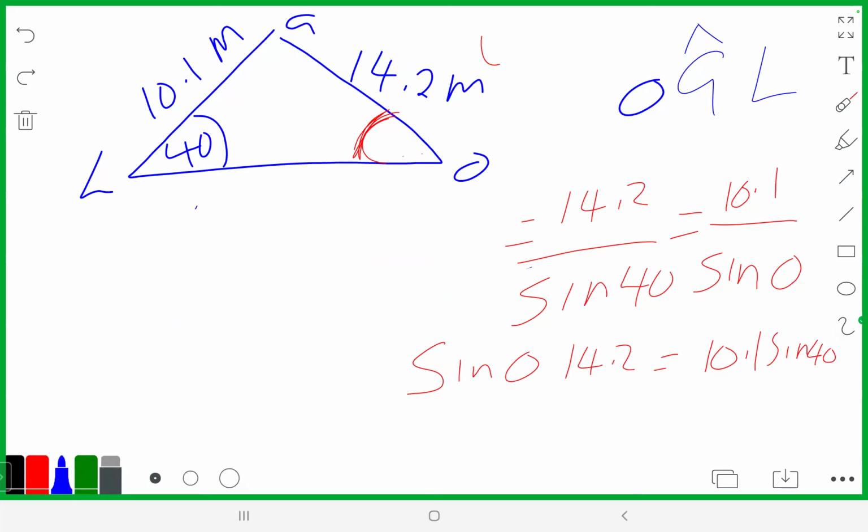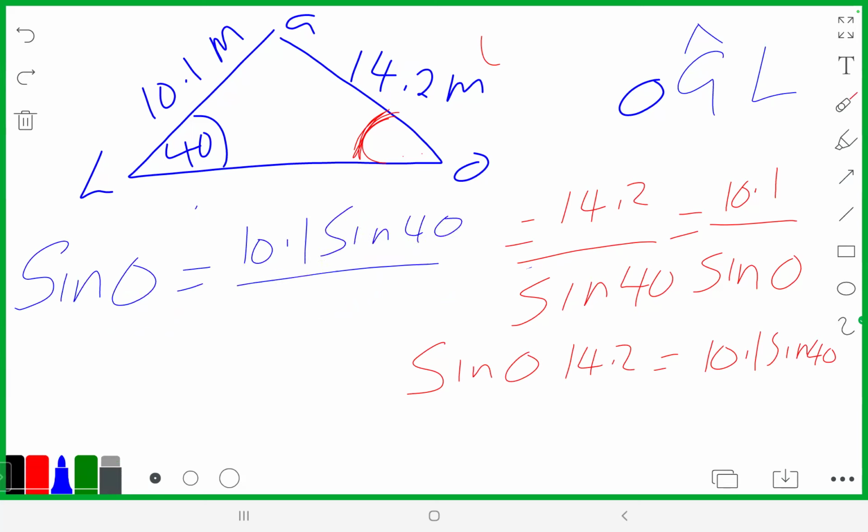It's just sine O that we want. So say sine O is equal to 10.1 sine 40 divided by 14.2, isn't it? We just want sine O. So first, work out the top part. What is 10.1 sine 40?